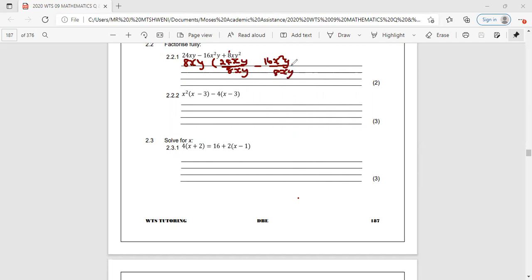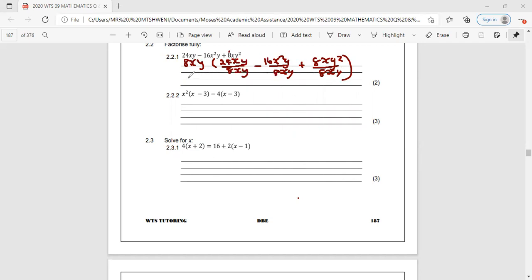XY plus 8 xy squared divided by 8 xy. The value that I'm dividing with, it's this one, 8xy. That is the common factor.